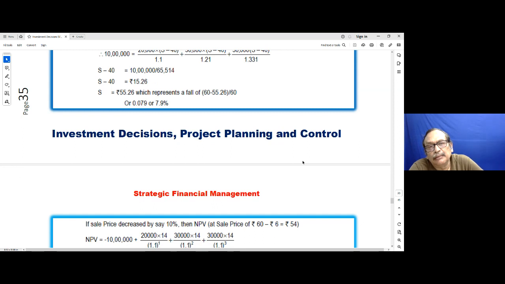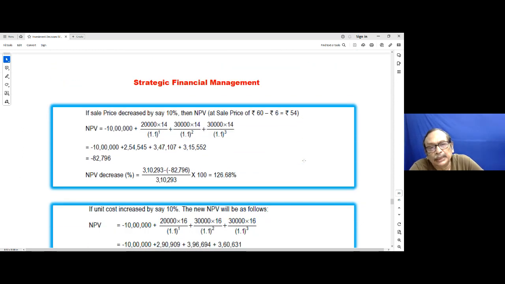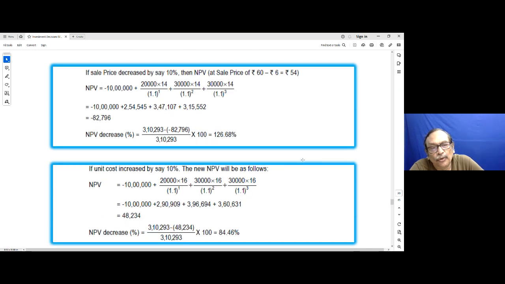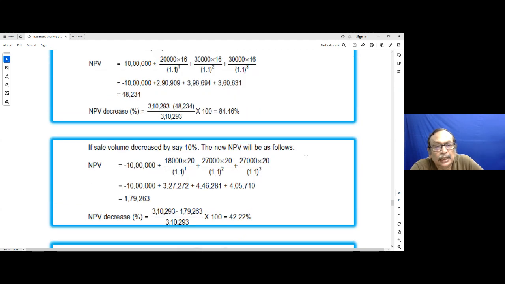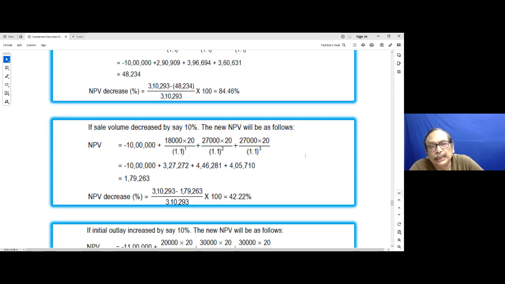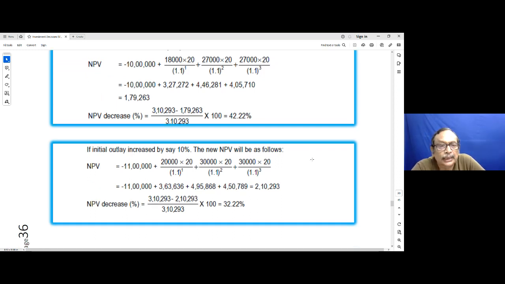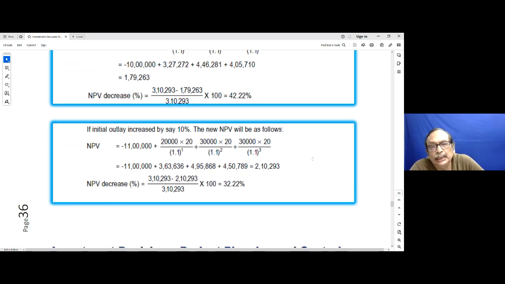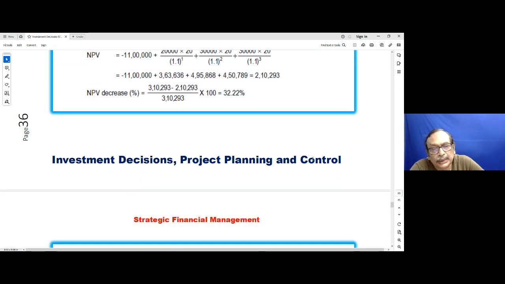Sensitivity we have calculated 7.9%. If unit cost increases by 10%, NPV decrease will be 84.46%. If volume decreases by 10%, NPV decrease is 42.22%. If initial outlay increases by 10%, NPV decrease is 32.22%.